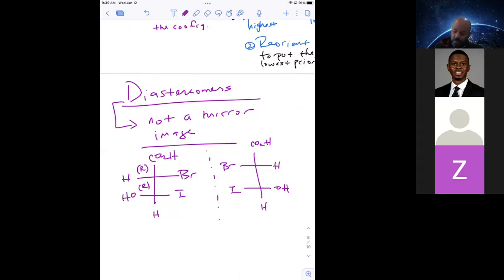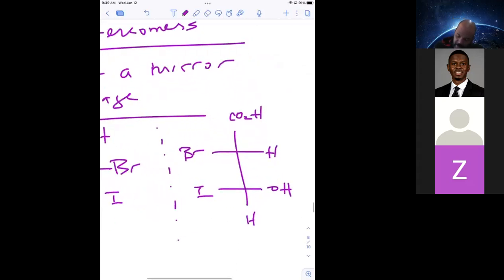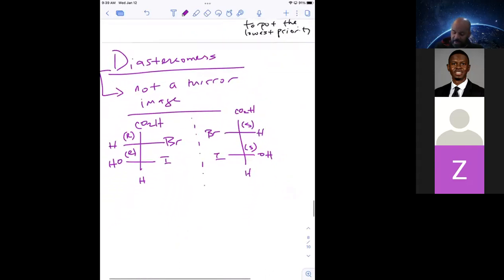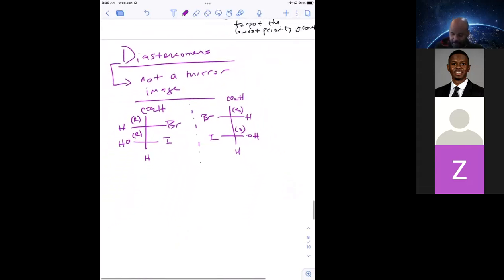The opposite. So this is going to be S, and that's going to be S. I'm going to call it what the proper name for it is: an enantiomer. Are we clear about that?